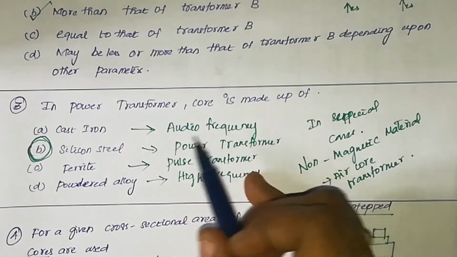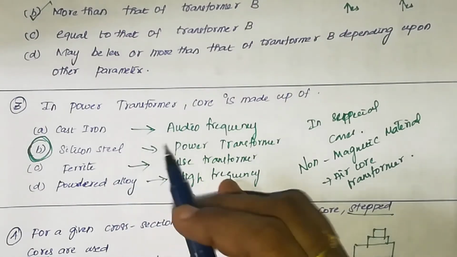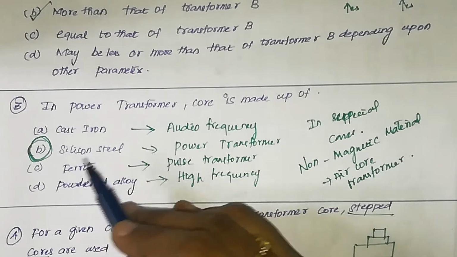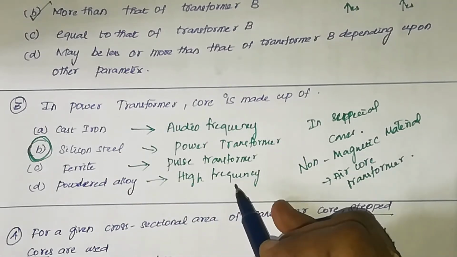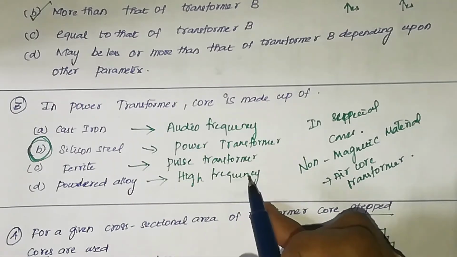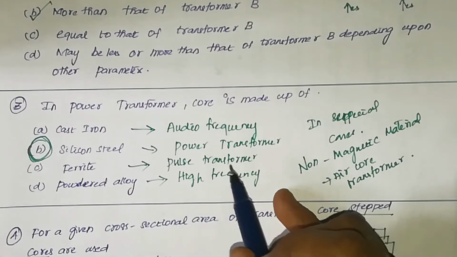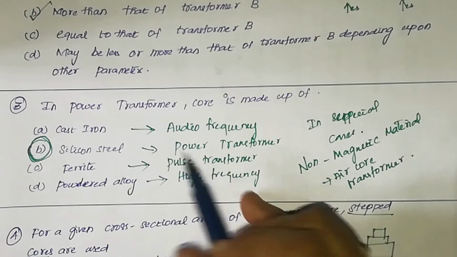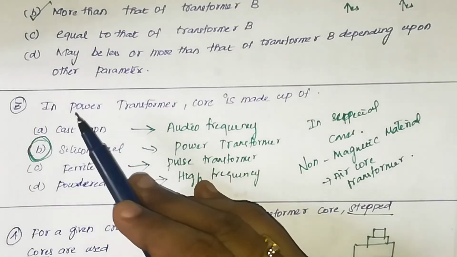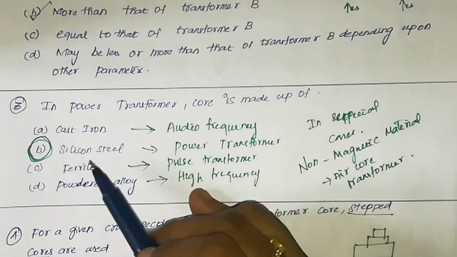In a power transformer the core is made up of silicon steel. In a pulse transformer the core is made up of soft ferrite. In a high frequency transformer the core is made up of powered ferromagnetic alloy. This type of transformer is used for communication purposes. So for this question the answer is silicon steel.